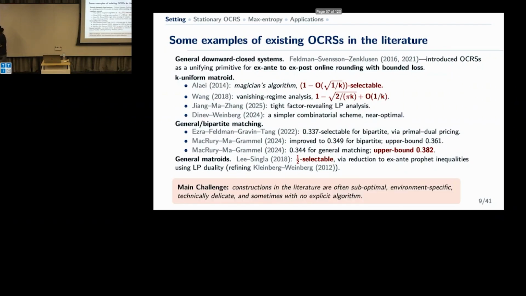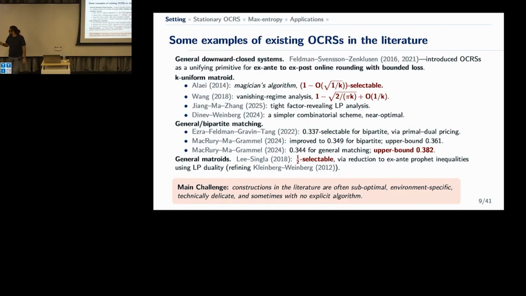All right? So one observation, if you look at these papers, is that many times there is a shortcoming in this line of work. In particular, the constructions that you often find are sometimes suboptimal. Sometimes they're optimal, but also sometimes they're suboptimal. They're very environment specific. There are so many delicate, complicated algorithms in this literature, and their designs are very ad hoc. And sometimes, for example for general matroids, there is no explicit algorithm. It's an existence result through a duality argument.